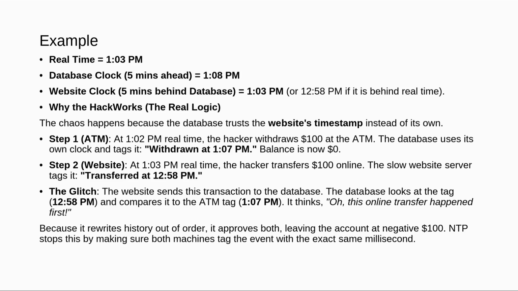NTP stops this by making sure the ATM machine, the website machine and the database machine are all at the same clock level, so the event tags have the same exact milliseconds. That is why NTP is really necessary.